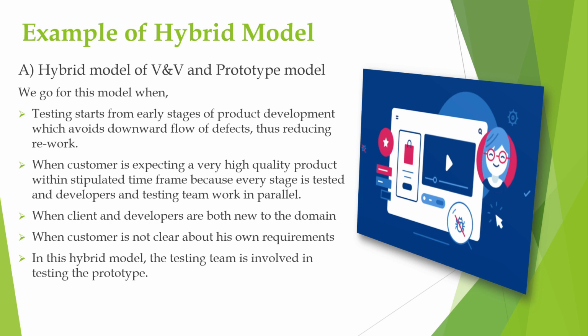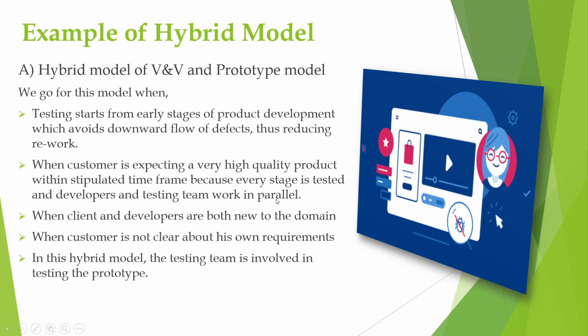And when the customer is expecting a very high quality product within a short period of time, then we'll go with this model. Since the testing and development teams work parallelly, they would get the product done in very little time. So we'll use this hybrid model here.